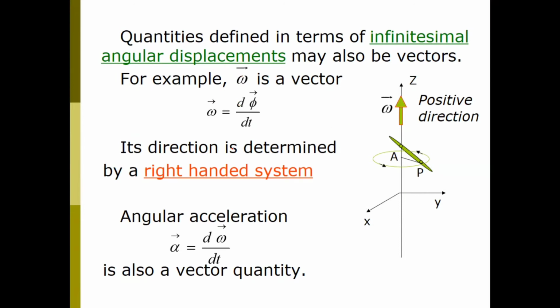Its direction is determined by a right-handed system shown here. Right-hand rule. The same is true with the angular acceleration: vector alpha is equal to the derivative of vector omega over the derivative of time. It is also a vector quantity.